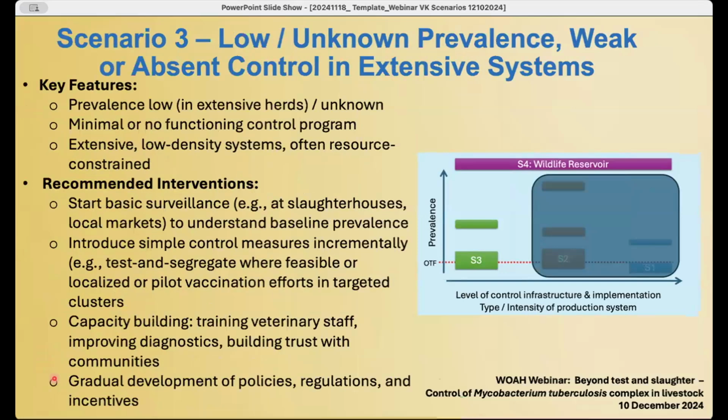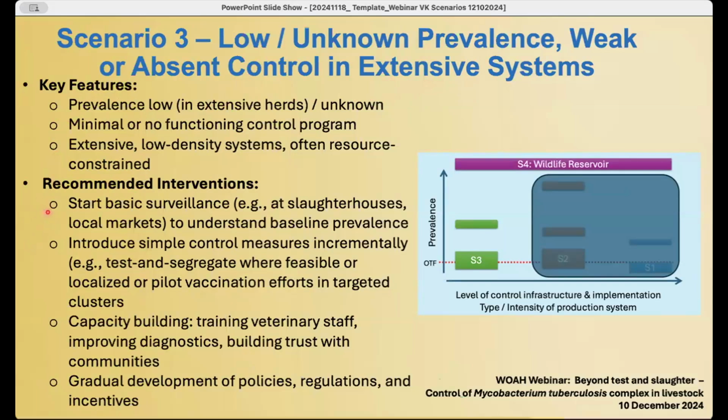So in scenario three, this is where there's either low or unknown prevalence, primarily because of weak or absent control or surveillance systems. And these are extensively farmed herd systems. Because these are low prevalence, low density systems, they also typically are more resource constrained, certainly than scenarios one and two.